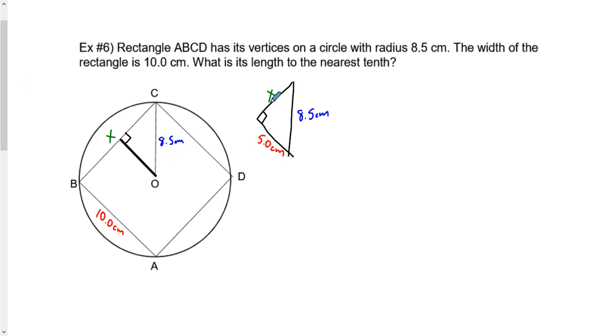So what we need to do is find out what this is. So by our Pythagorean theorem, our A we'll say is X, the B is the 5, and our C is 8.5.